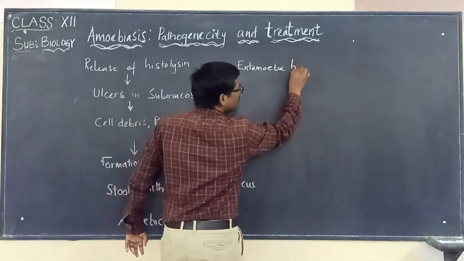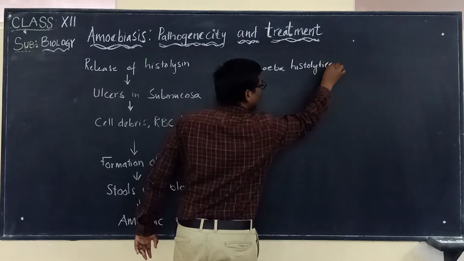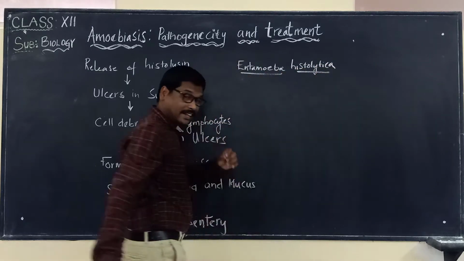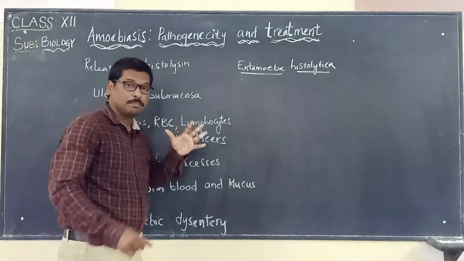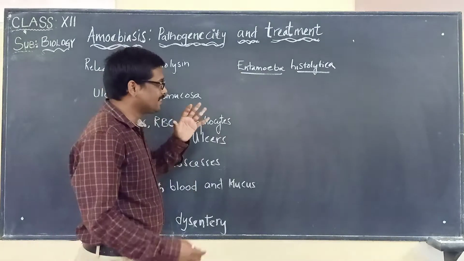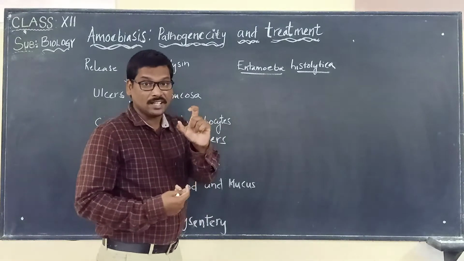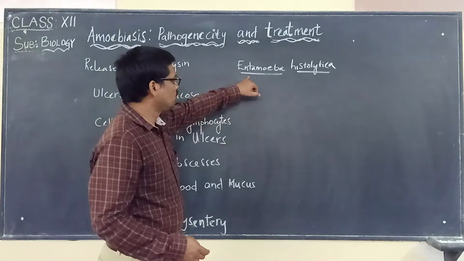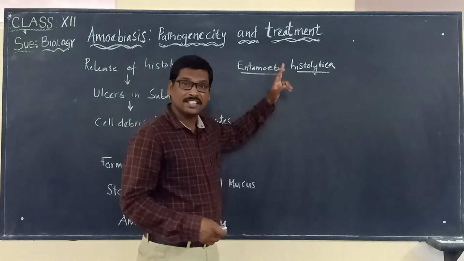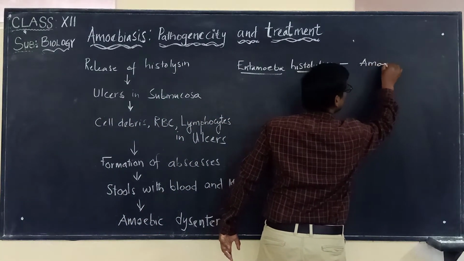Okay, Amoeba histolytica. This particular pathogen is attacking a major part of our digestive system, that is the large intestine. It is present in the large intestine, destroying the cells of the large intestine. So Amoeba histolytica is causing the disease called amoebiasis.